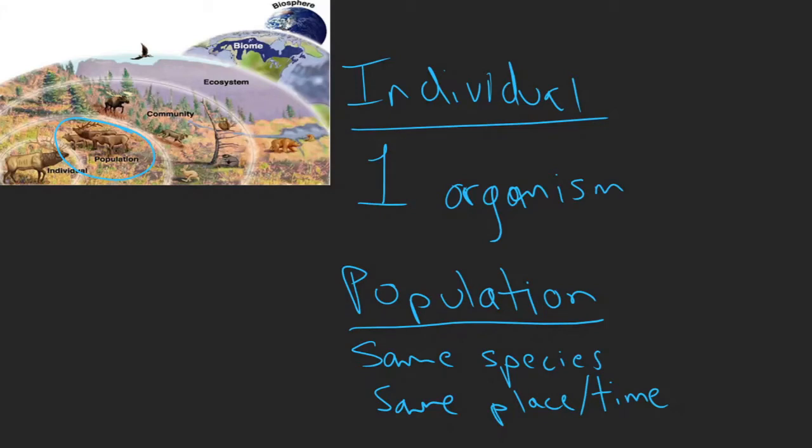What if we were talking about elk that lived there 50 years ago and elk that live there in the present? Those two aren't technically concurrently part of the same population. We could talk about them in terms of population change over that time, but if they're not in the same place and at the same time, they're not really technically part of the same population.